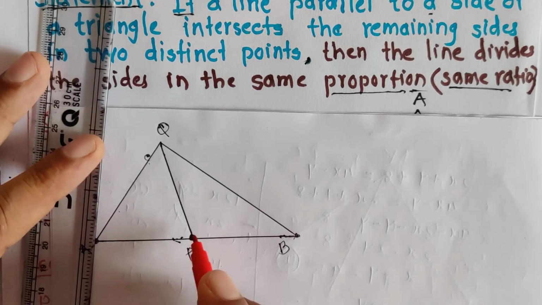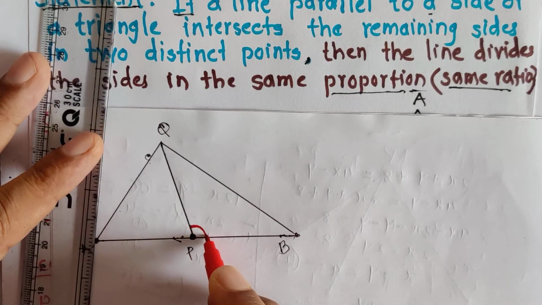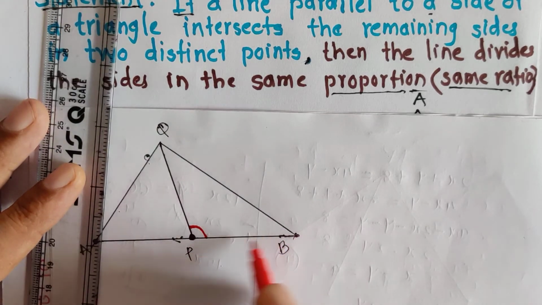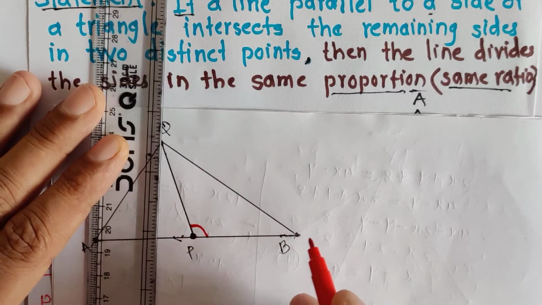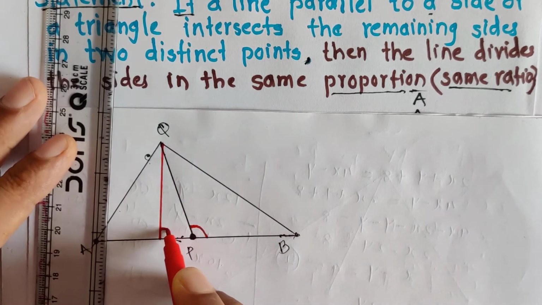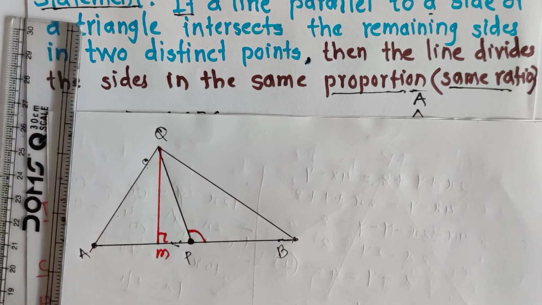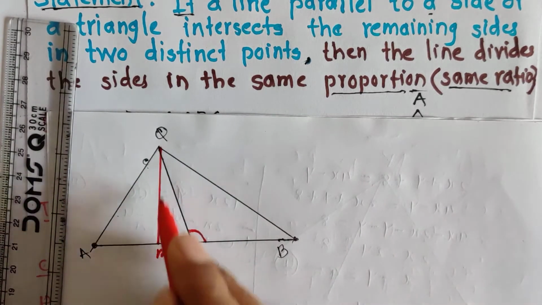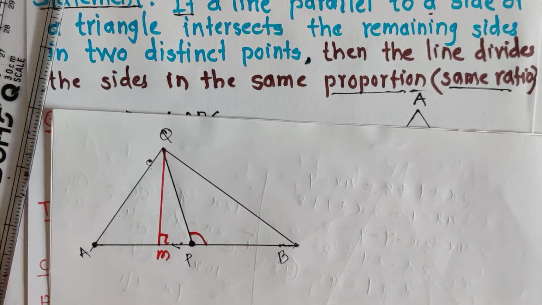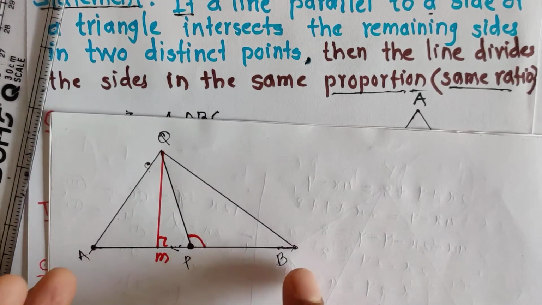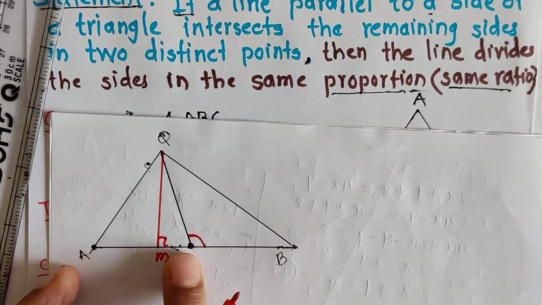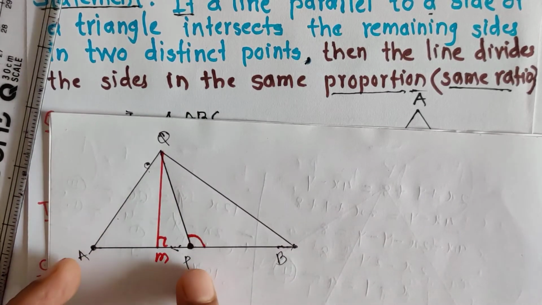Triangle BPQ is an obtuse angle triangle, and if we draw the height on base PB, then here we get the height. Here it is height QM, and for triangle APQ the same height. So these are triangles of equal height, and whenever triangles have equal height, the ratio of their areas is equal to the ratio of their corresponding bases. Which is the base?